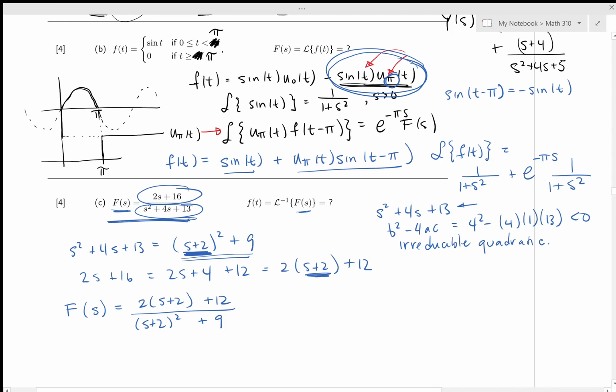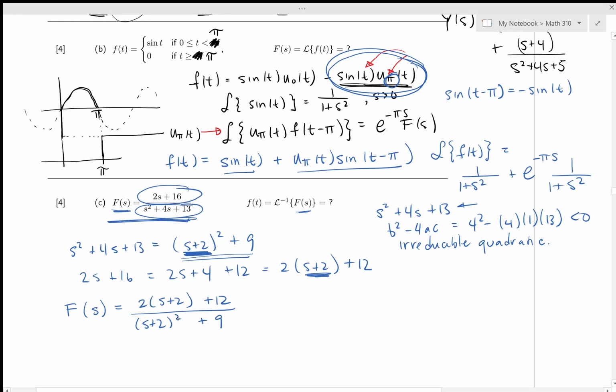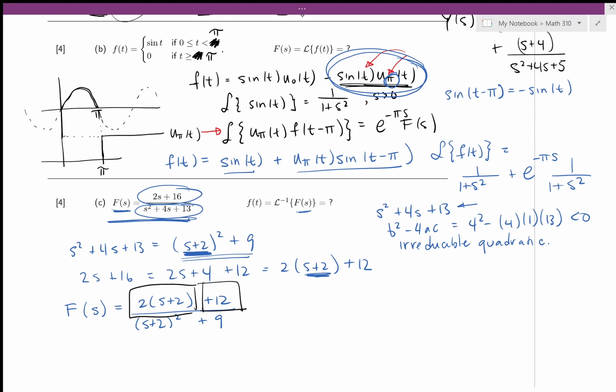Now I'm going to divide the denominator into the two pieces of the numerator. So I'm thinking of the numerator in two pieces, this piece and this piece, and I divide the denominator into those two pieces.